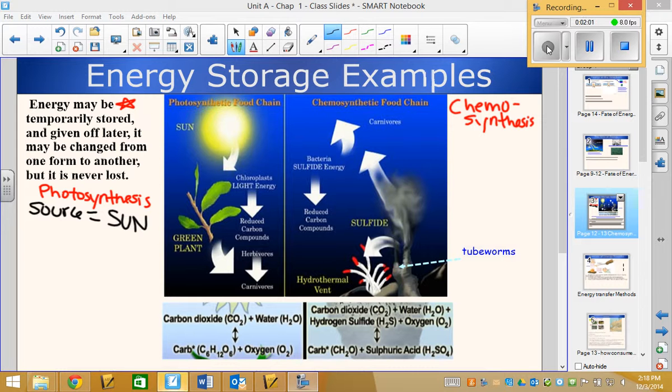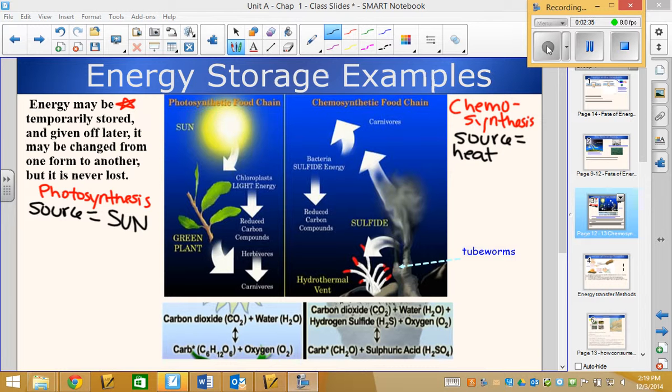In chemosynthesis, the source is usually heat, and the heat comes from, in most cases, a geothermal vent. So you'll notice in my picture, that's illustrating something that's happening under the water. And so in chemosynthesis and photosynthesis, I have a different original energy source. That's something that's a key difference.